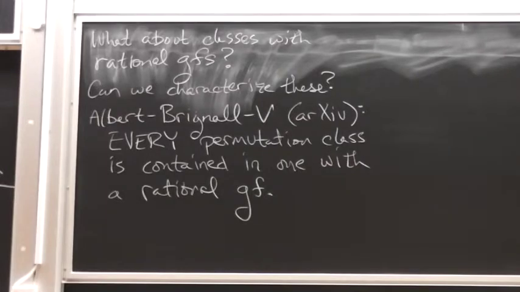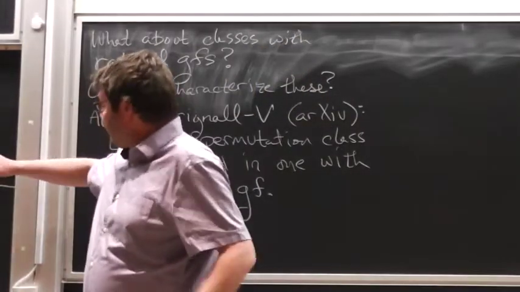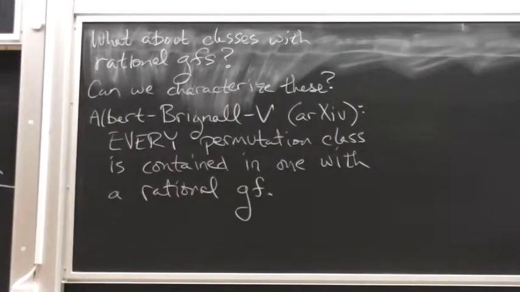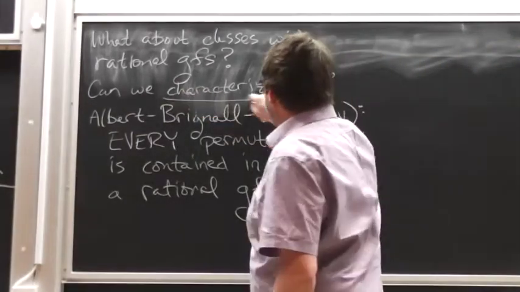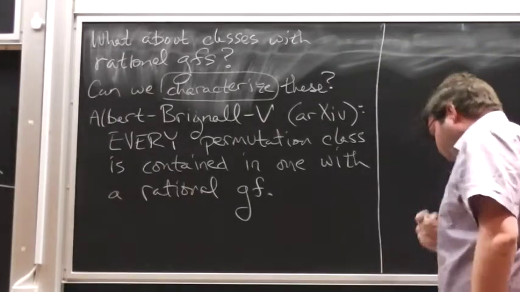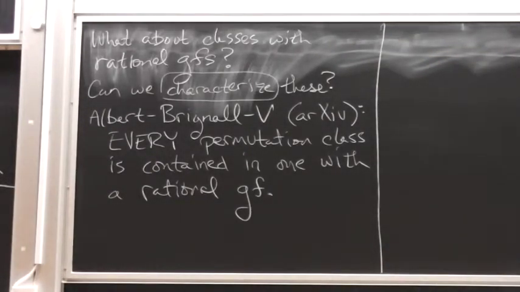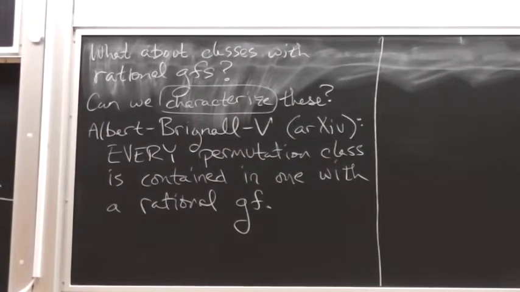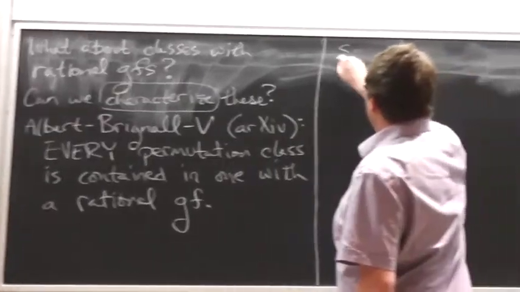So I hope this result convinces you that this is still way too big a haystack to characterize, because anything I take, no matter how nasty the permutation class is, I can enlarge it a little bit and have a rational generating function. So there's not going to be a nice characterization of these. And so there's a couple ways we can fix that. One way that we've been talking about lately is instead we'll look at the strongly rational classes.